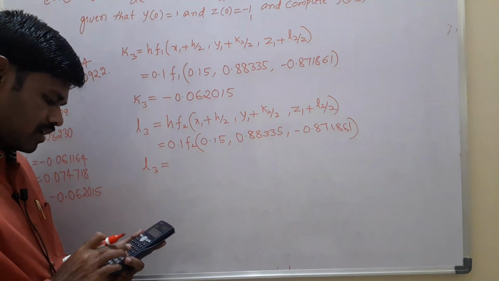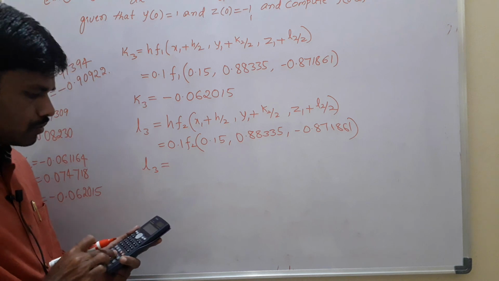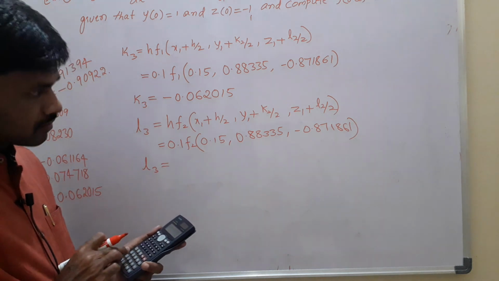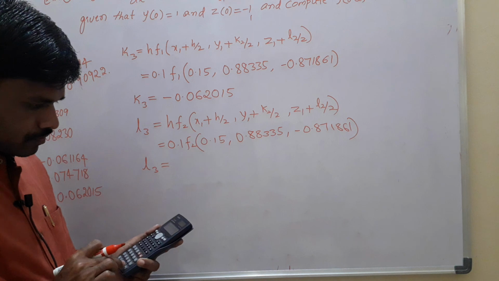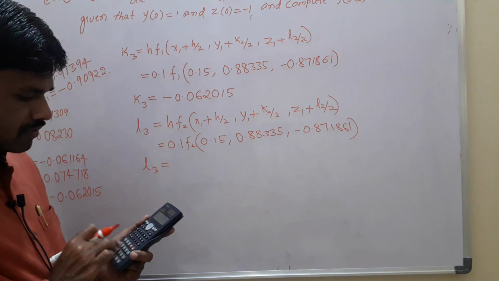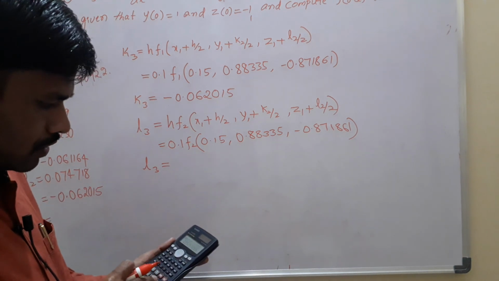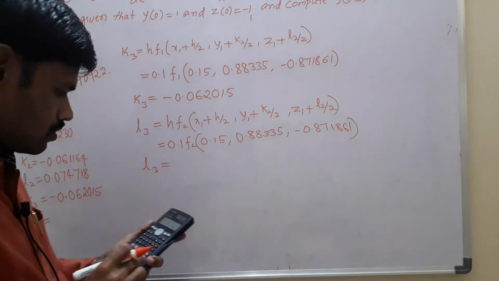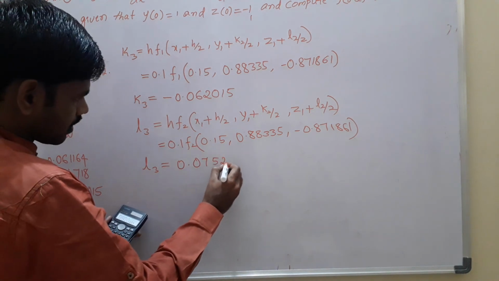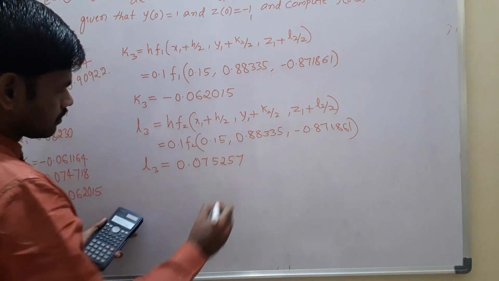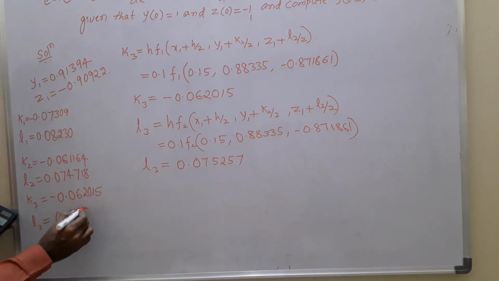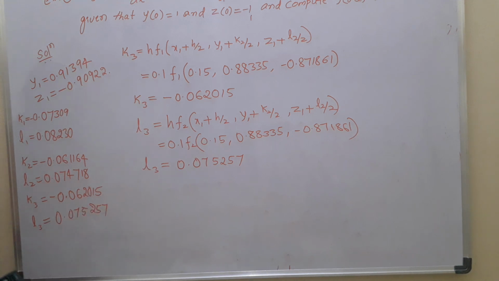So that is 0.15 into minus 0.871861 plus 0.88335 into 0.1, we get 0.075257.